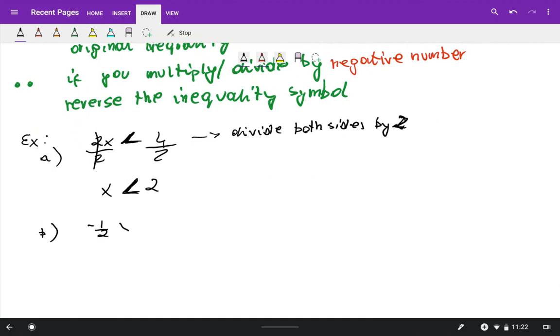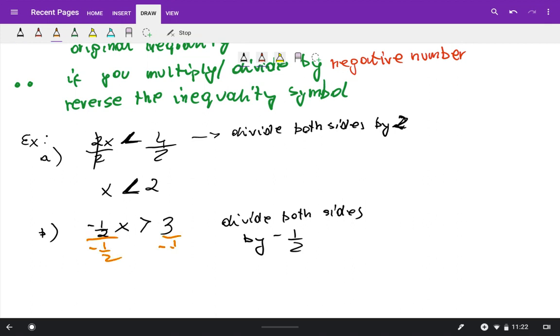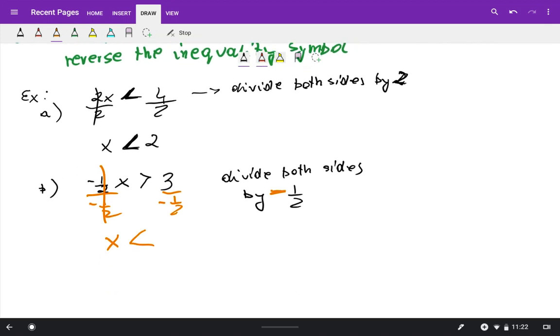Okay, but if you have an example like this, negative 1/2 x is greater than 3. What I will need to do here is isolate x. I will need to divide both sides by a negative number, which is negative 1/2. And what happens here, since we're dividing by a negative number, this inequality will reverse, which means greater than will become less than.